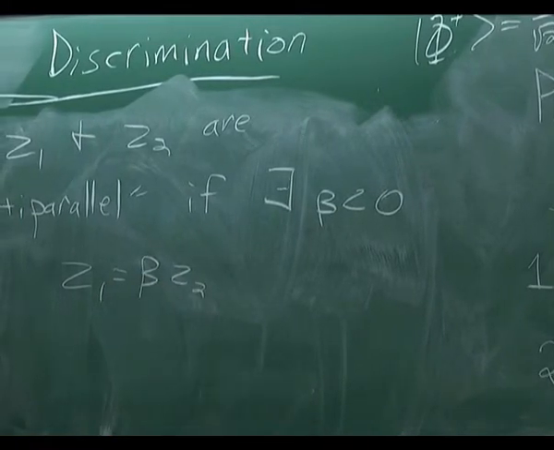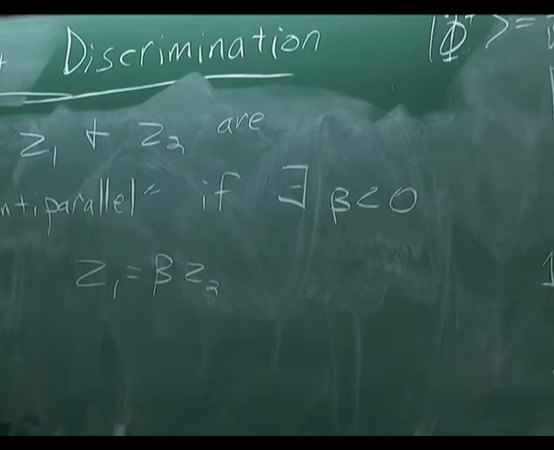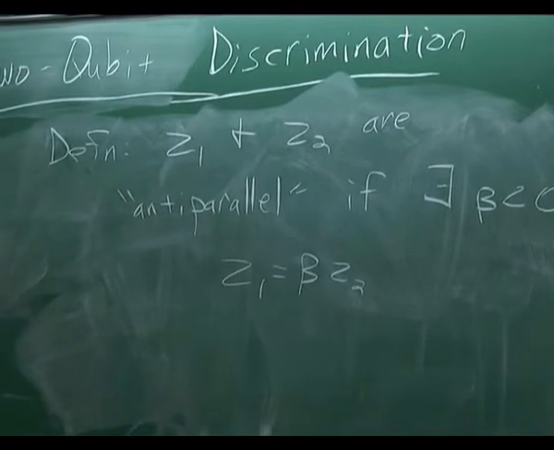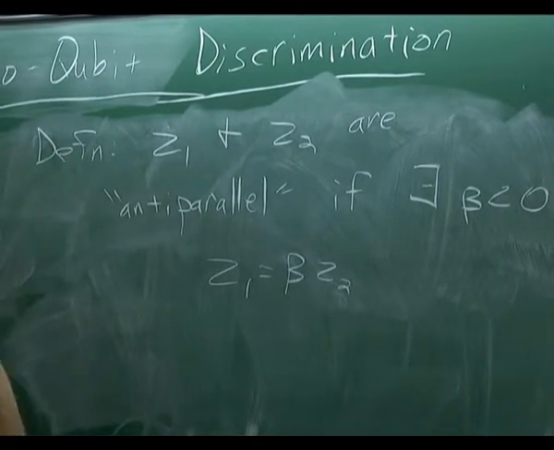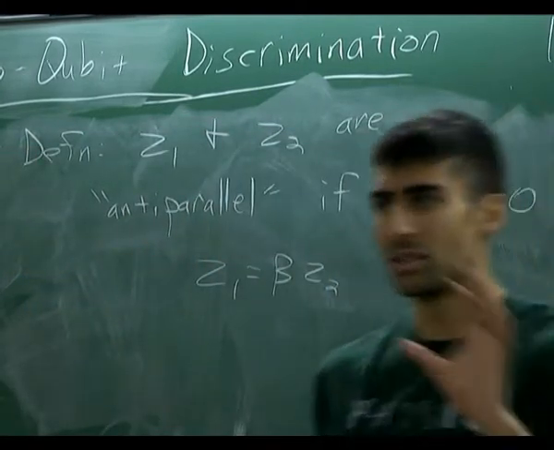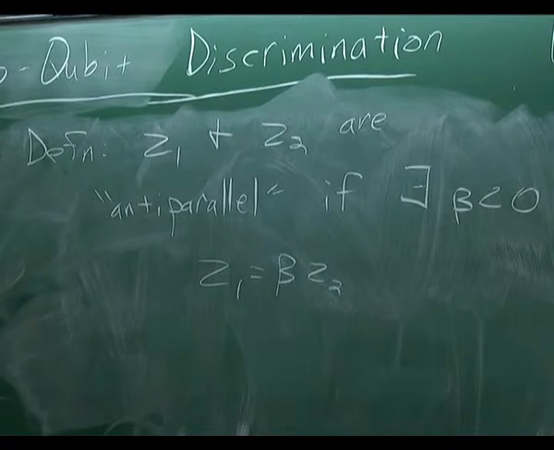So these could be complex numbers, and all we're demanding is that they're proportionate to each other by a negative scalar factor. The first time I read this, I was like, where is this possibly coming from? But you'll see, because we're going to prove this, and it's kind of nice how it falls out.